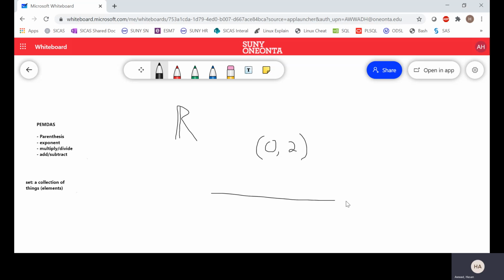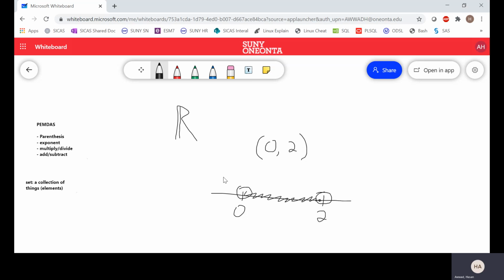So again, visual representation, from 0 to 2. We know that the solution is all the numbers between 0 and 2, but it's not including 0 and 2. So you would just draw an empty circle or an open dot over 0 and 2.